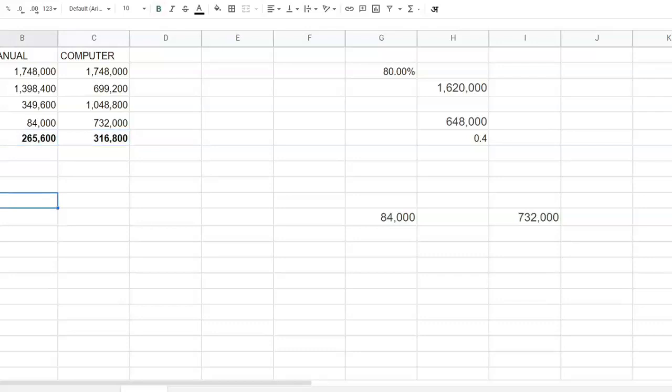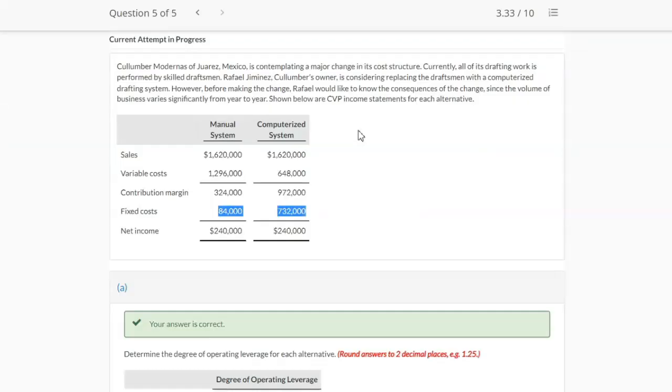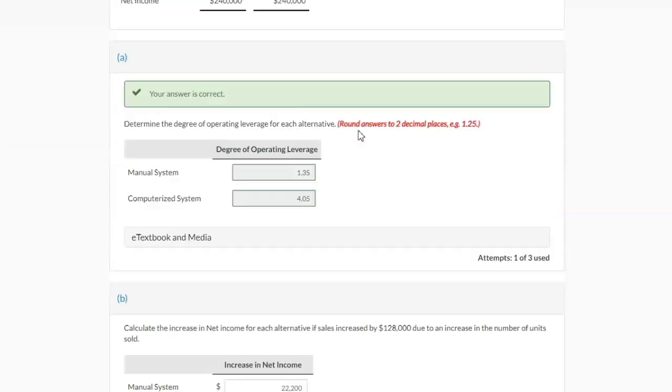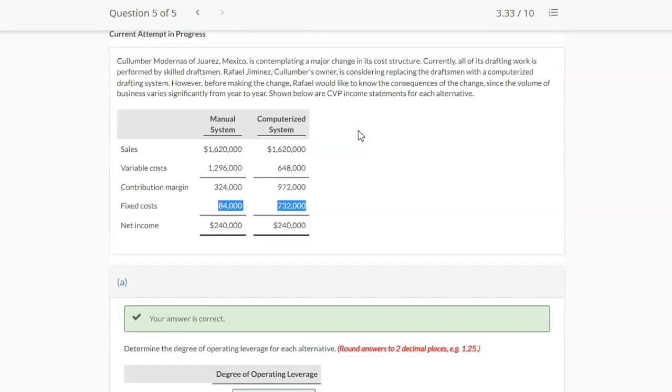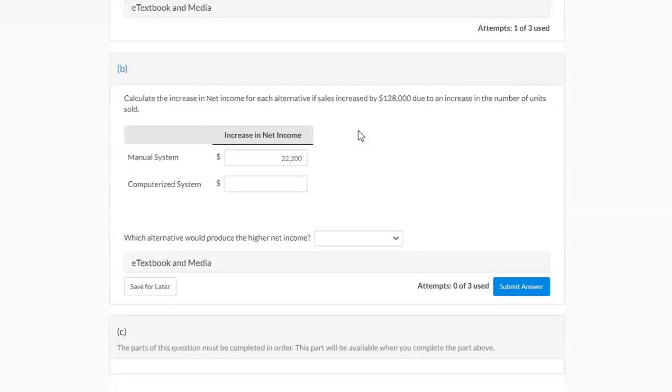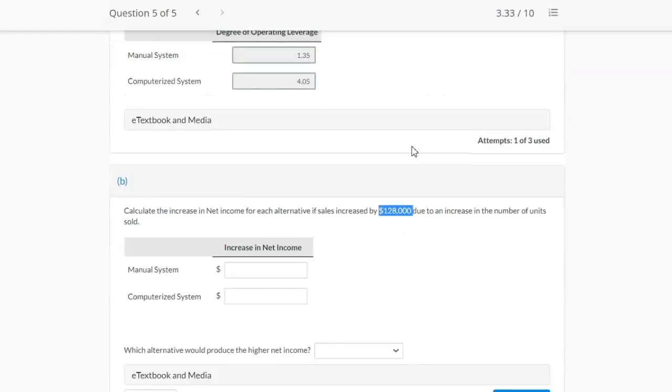Go back to your problem. Your problem said how much was the profit going to increase? It went from 240 to what? 128,000. 128 here. No. Take that 22.8 out, 22.2. Take that out of there. How much will your profit increase? What is it now? 240, right? Yes. What is it that you just calculated? 265?